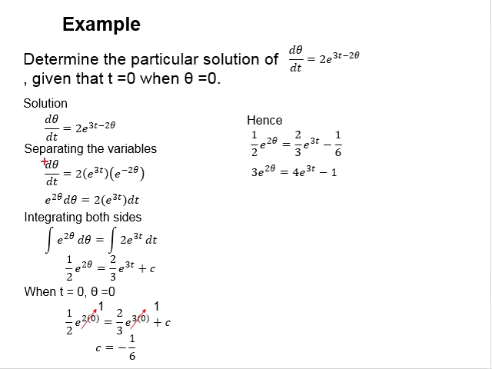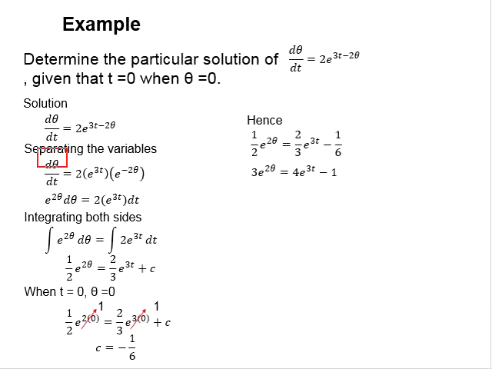This can be rewritten in this form, where e power of 3t minus 2θ can be rewritten in the form of e power of 3t times e power of minus 2θ. Move the theta to the other side while remaining the t on this side.